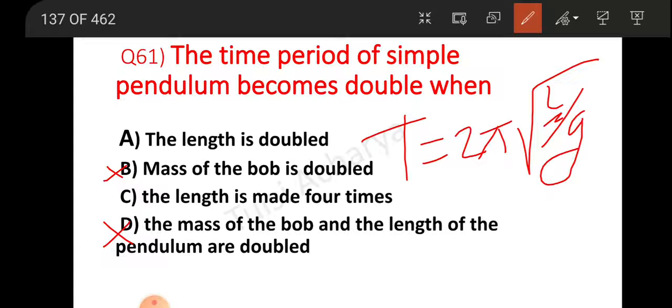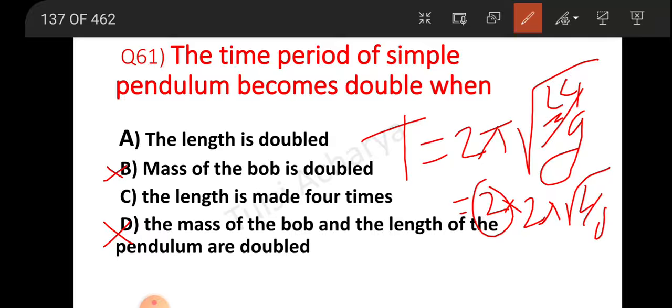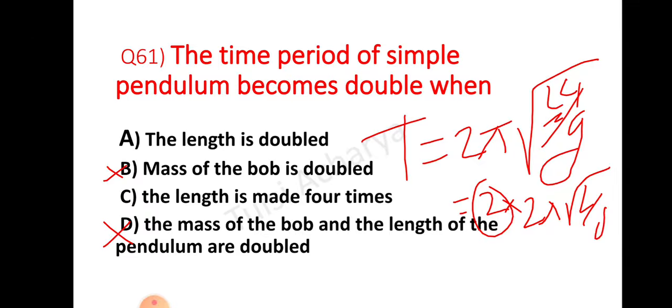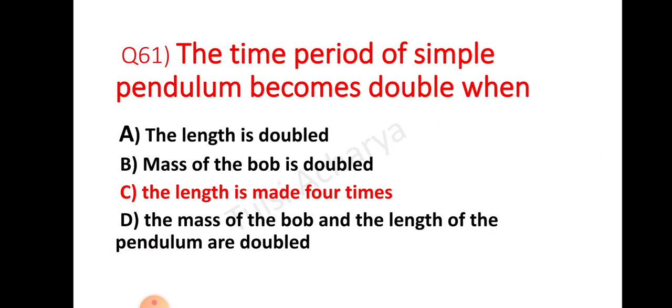So for double, this L should be 4 times. If we write 4L, then our T will be 2 into 2 pi root under L by g. So this is 2 times. So option choice C is the correct one for question number 61. If length is increased by 4 times, then time period of simple pendulum will be 2 times.